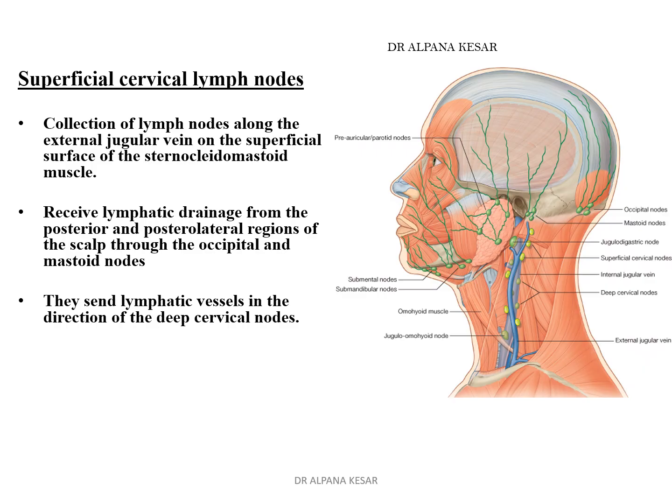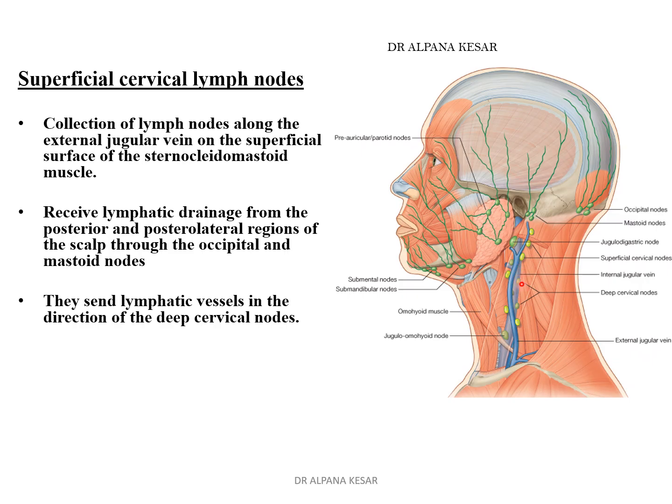Superficial cervical lymph nodes. These are the superficial cervical lymph nodes which are present along the external jugular vein. These lymph nodes are present on the superficial surface of the sternocleidomastoid muscle.